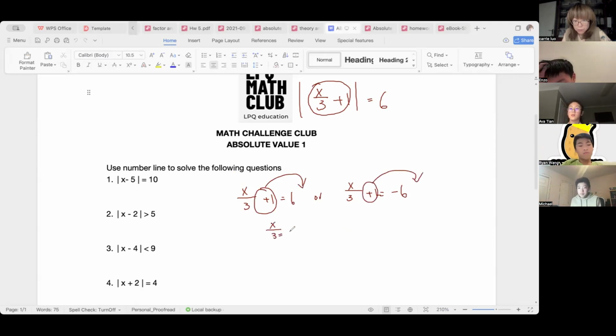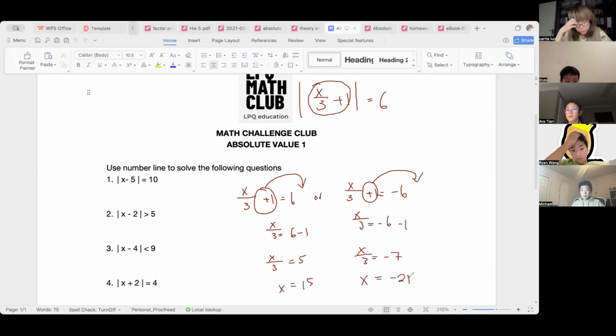So x over 3 equals what? 6 minus 1, and x over 3 equals negative 6 minus 1. So x over 3 equals 5, and x over 3 equals negative 7, correct? So that's why x equals 15 and x equals negative 21.